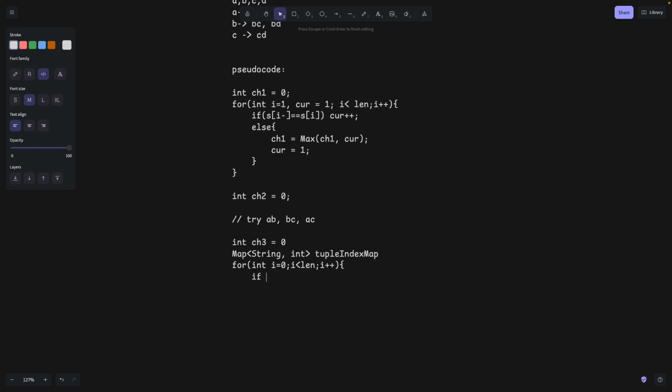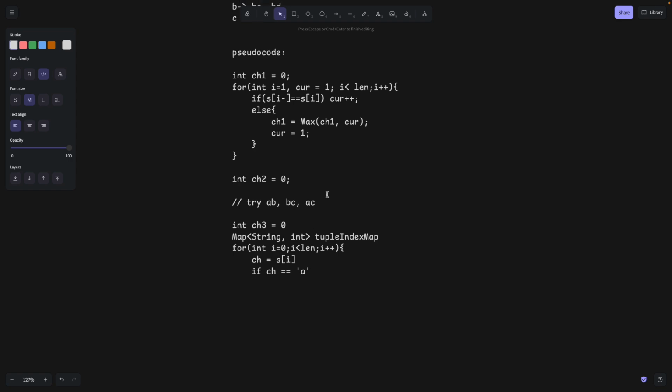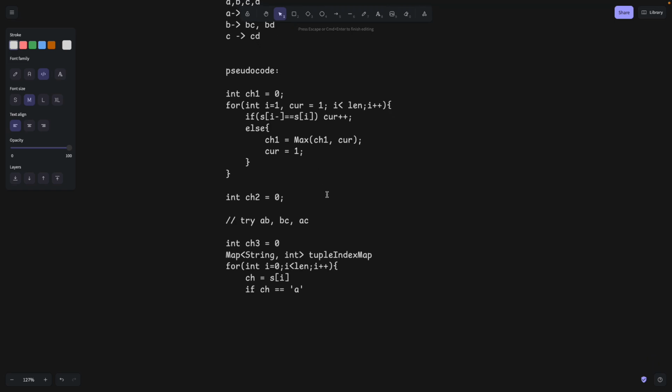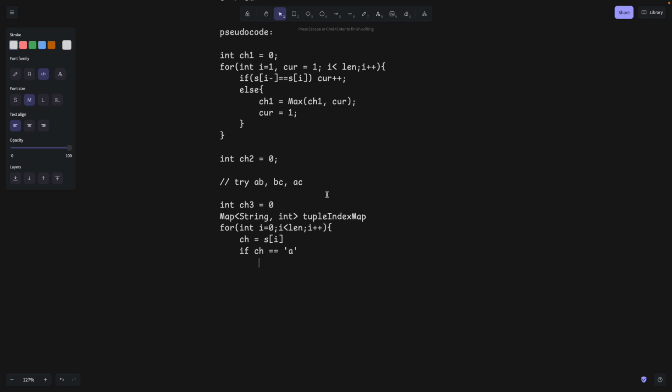So if the character ch equals s of I, so if character equals A, then we need to, or maybe, let's do one thing.